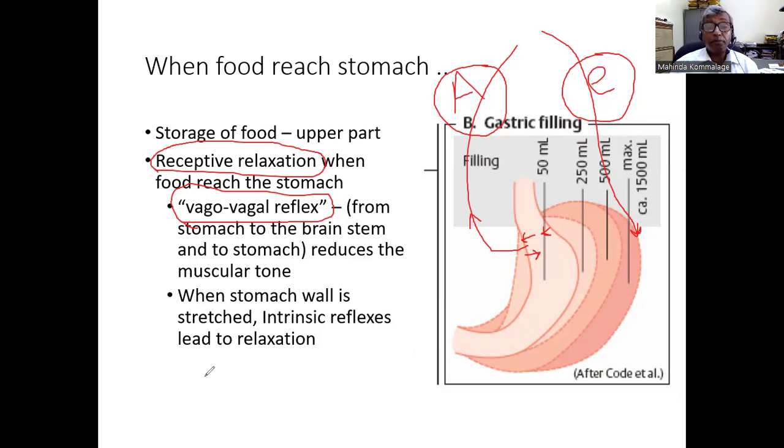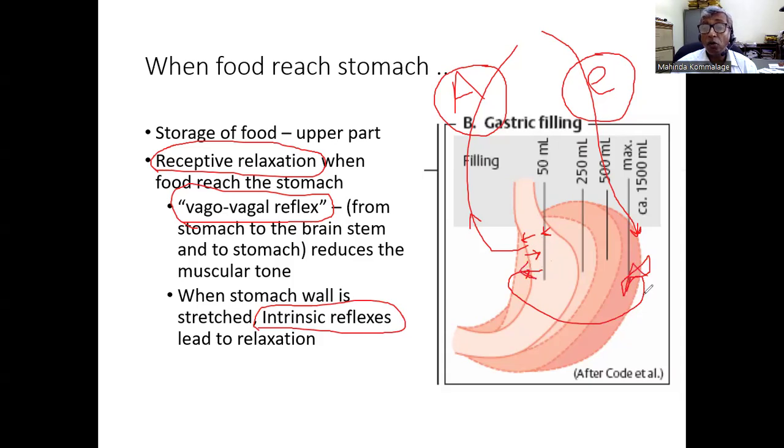In addition to that, this is the reflex that operates through the brain, but locally some intrinsic reflex will also operate in the stomach to relax the stomach wall, right? So in addition to this, some reflex will operate locally.